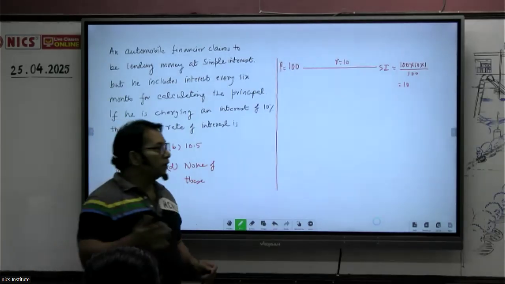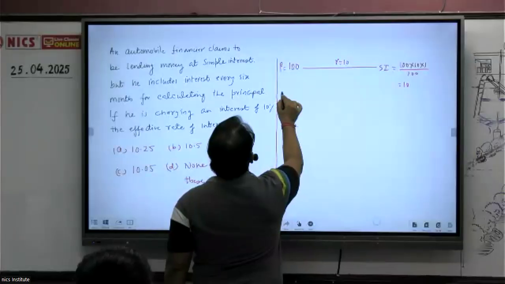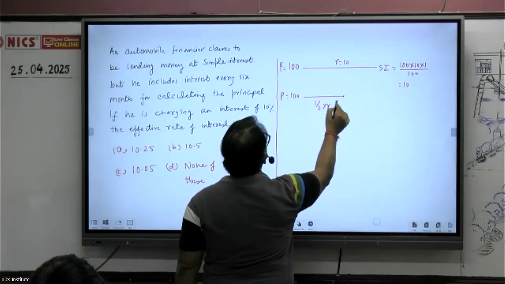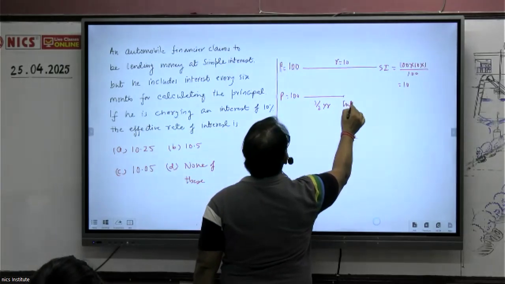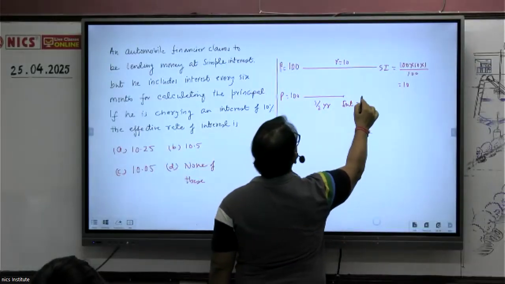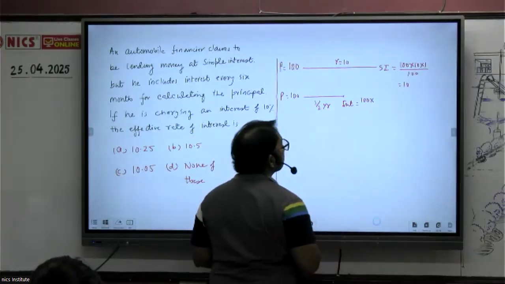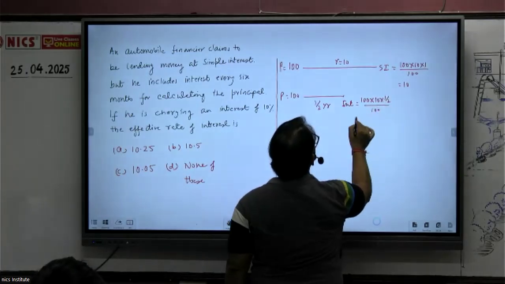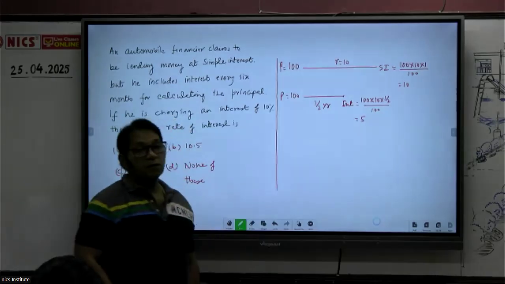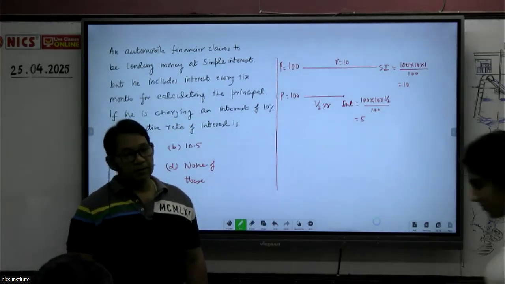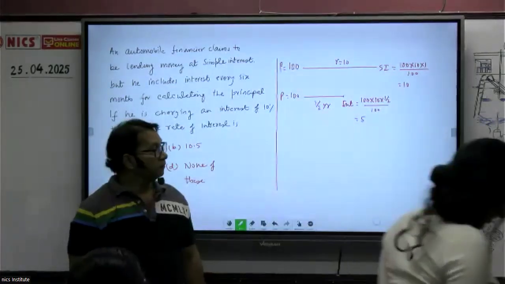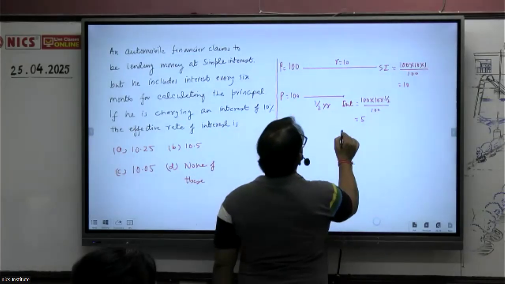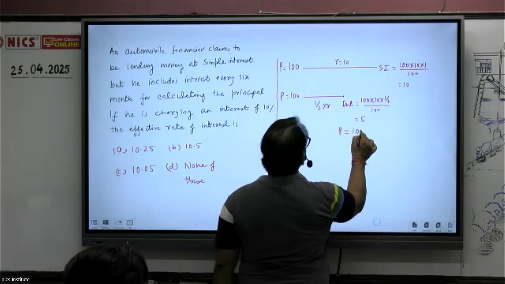So I'm not using the compounding formula. After 6 months, that is after half year, what will be the interest? On 100 rupees, rate of interest 1 by 2 by 100, that is 5 rupees. So after 6 months, interest would be 5 rupees. What he's doing is adding this 5 rupees to the principal.